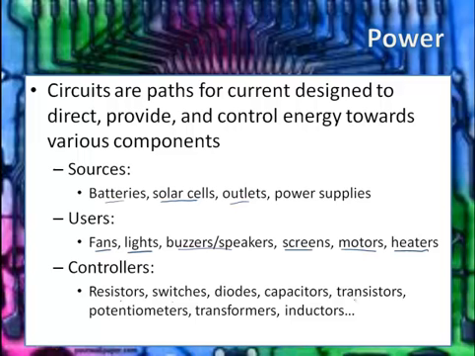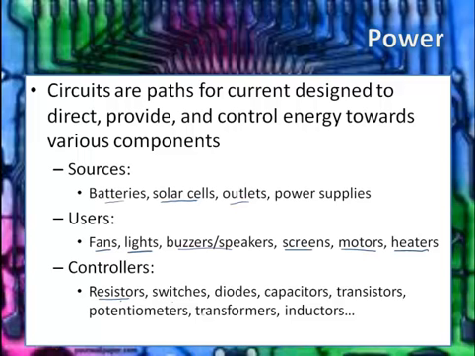Transistors can magnify current. Potentiometers are kind of like resistors in the sense that they reduce current, but you can control them, so you can control how much current or voltage goes through. Also, a transformer will take current at one voltage and either increase or decrease that voltage.